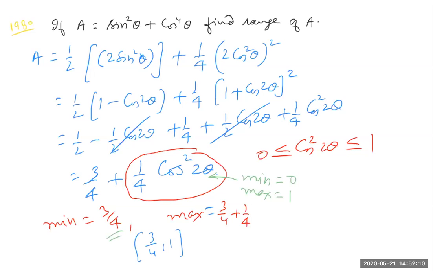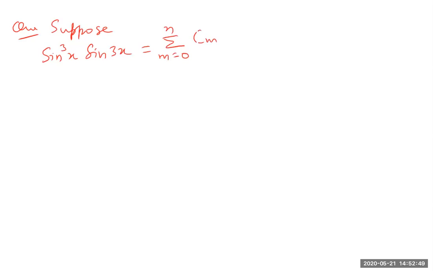Next problem. Suppose sine cube x into sine 3x is equal to summation of m equal to 0 to n, c_m cos mx, is an identity.